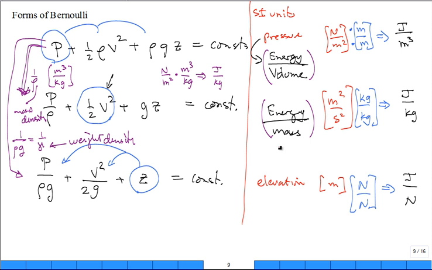When you work this out, the elevation, or the last equation, is energy, we showed that in joules, per Newton, not force, but a particular force. It's the weight. Energy per unit weight. Make sense? So all of them are a form of mechanical energy. This is the flow work mechanical energy. This is the kinetic mechanical energy.